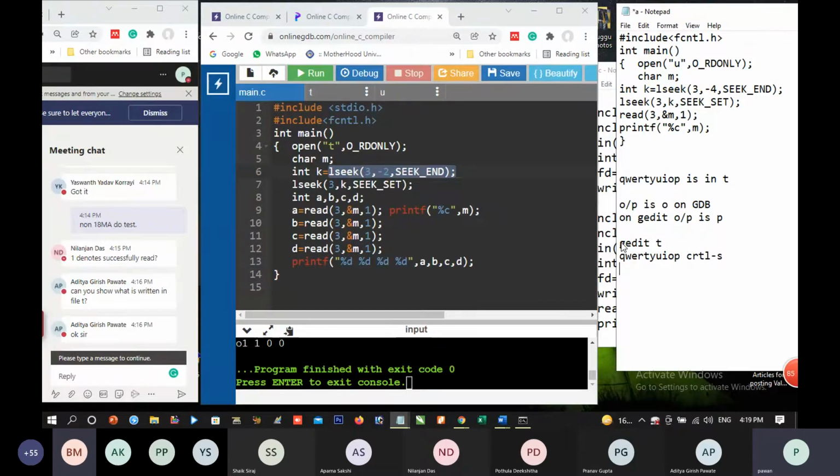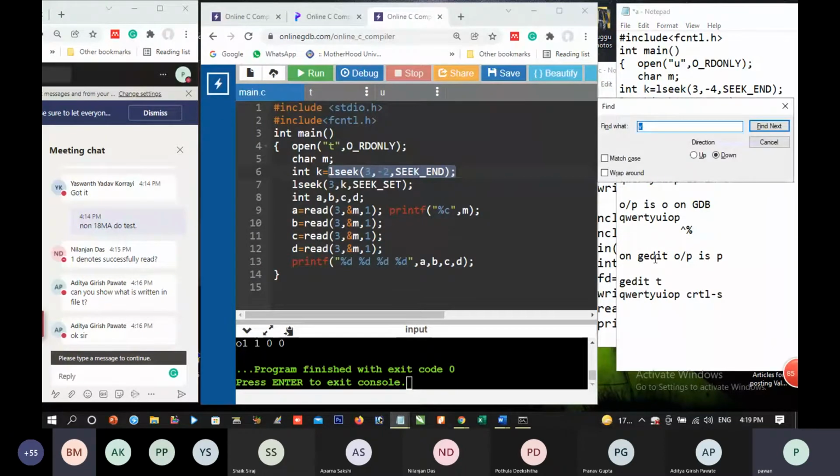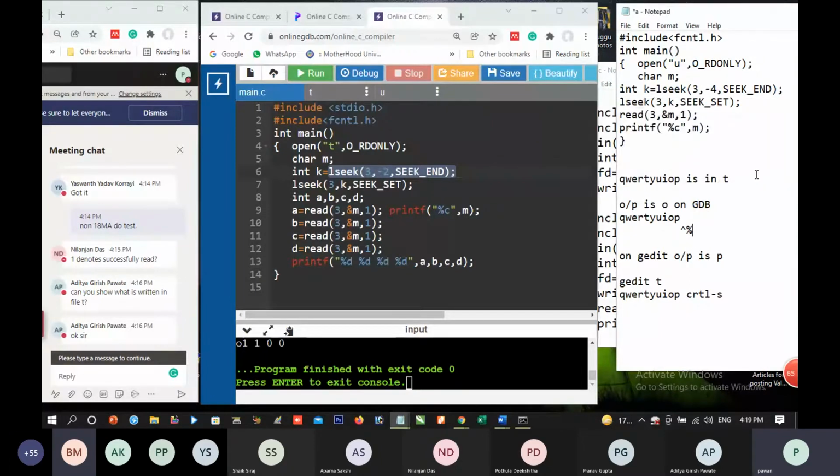In GDB what happens? My file is this. My end pointer is here. This is my end pointer. Here is my end pointer.